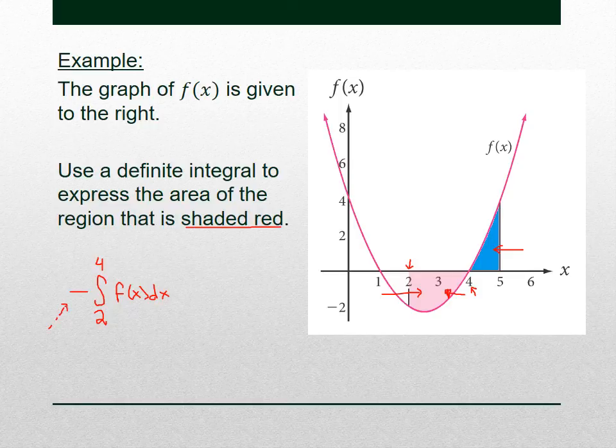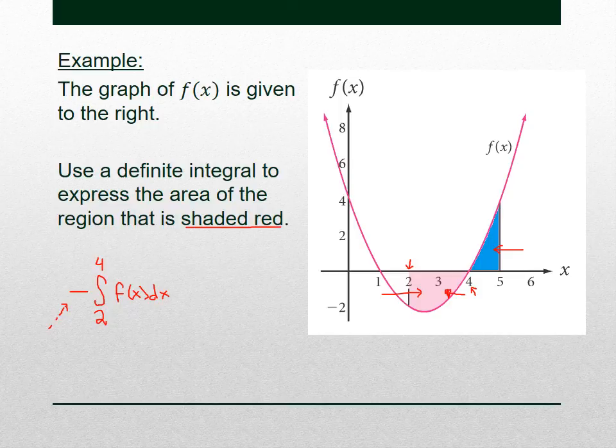So the definite integral that will give me the area of that shaded region is still the definite integral from 2 to 4 of f of x, but because the graph is below the x-axis the whole time, I need to put a negative sign out front to force that definite integral to then be a positive number, which will give me the area.